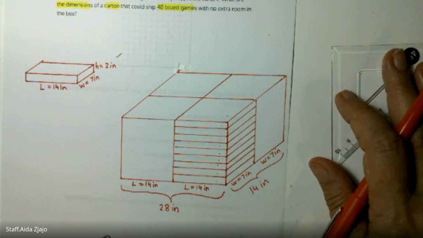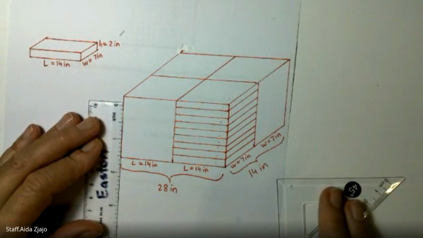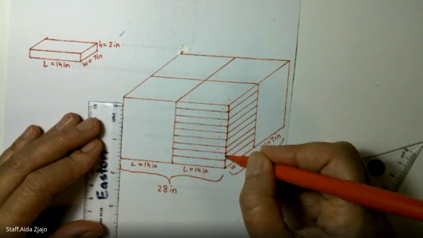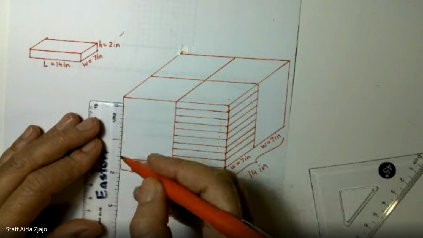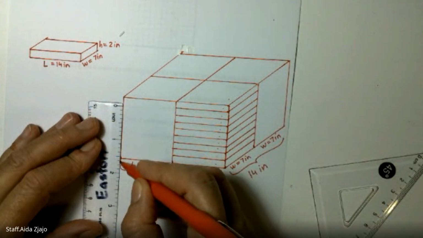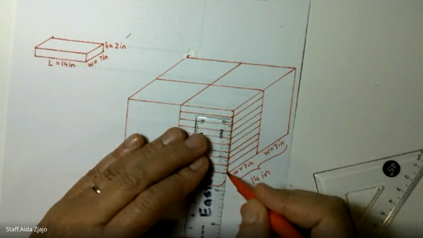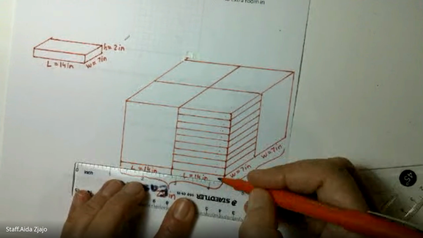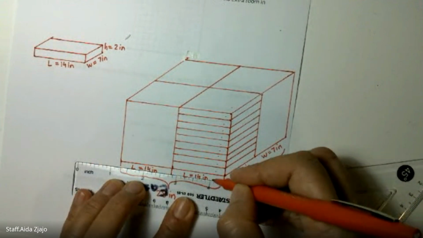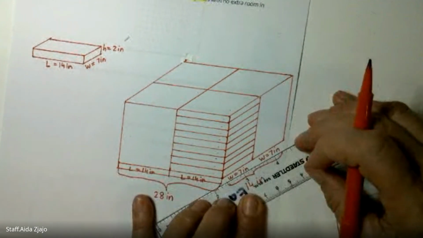Let's see. I'm just going to extend this one more. 4, 5, 6, 7, 8, 9. I'm going to extend each box on the bottom a little bit, and that will make me one more length. So I will have 10 boxes.